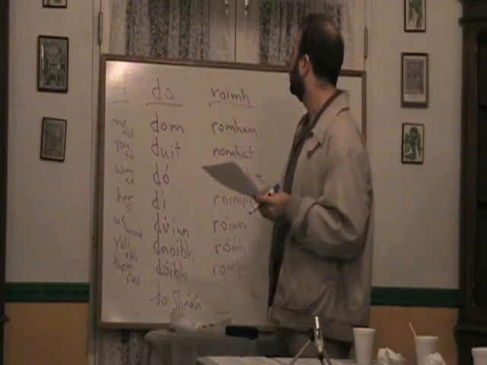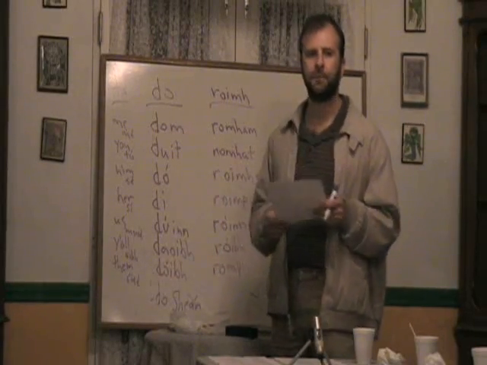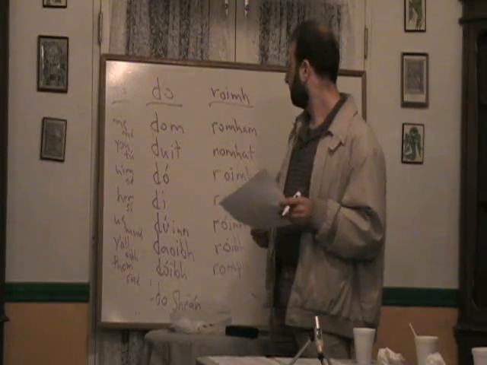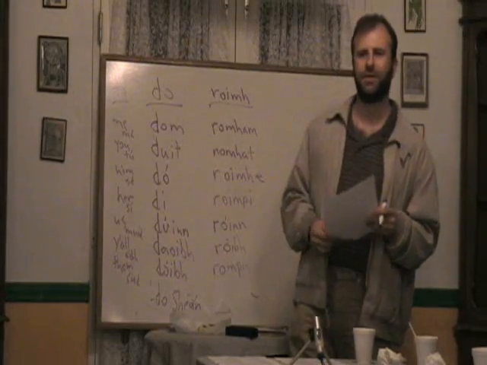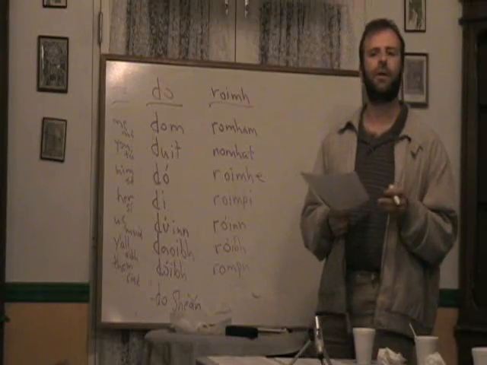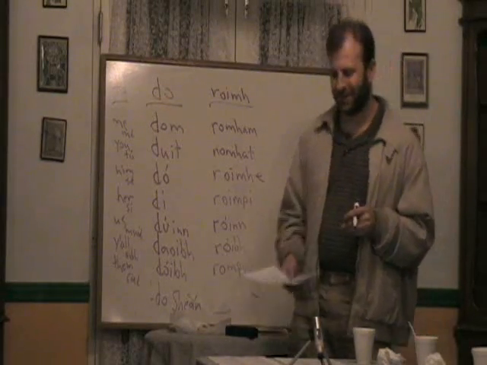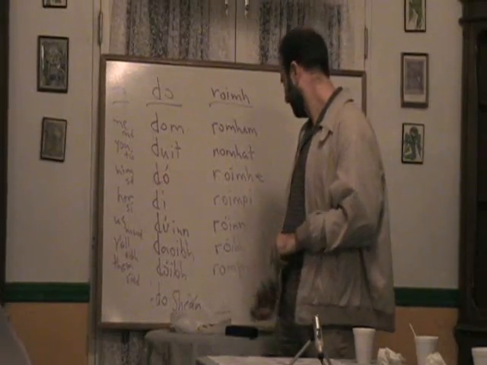And "do" is used when you're showing something to someone. So that's pretty much it. Why don't we go ahead and take a break here, and then we'll find out what happens to the mice.